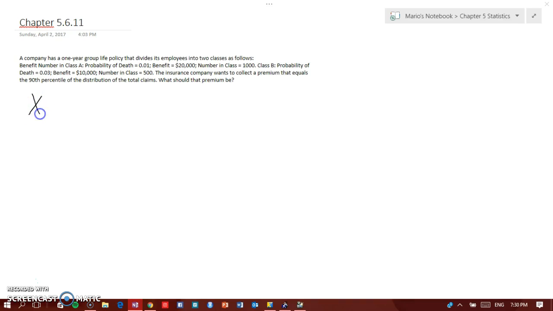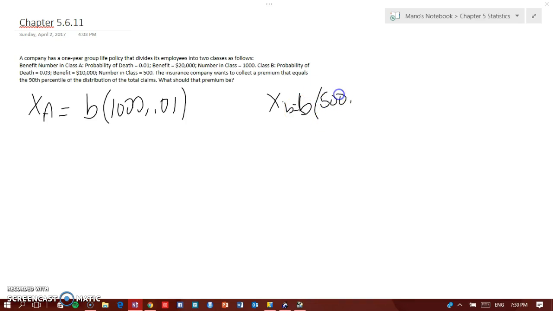So XA would have a binomial distribution with n equal to 1,000 and probability 0.01, and XB would have a binomial distribution with n equal to 500 and probability 0.03. This means the mean, mu of A, would be 1,000 times 0.01, which is 10, and that would be 15 for mu of B.